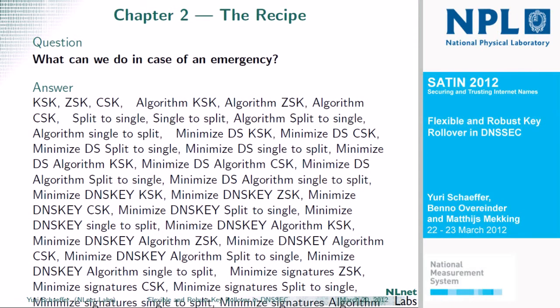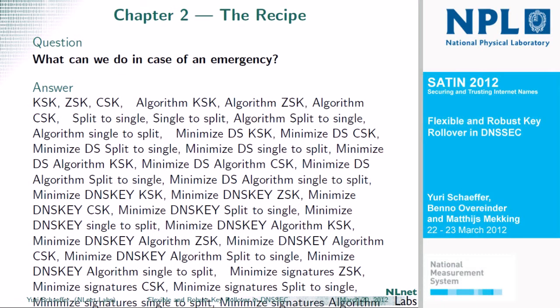And when it really explodes is here in case of an emergency. If you are in the middle of a rollover and you suddenly decide, wait, I no longer trust my new key, or maybe this key was generated with leading zeros or whatever, and I want to get rid of it as soon as possible, and I don't want to wait till it's fully propagated.